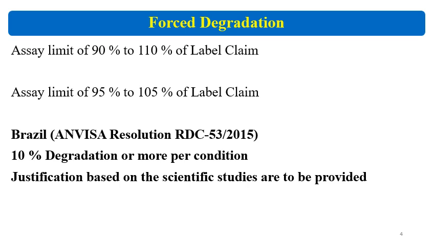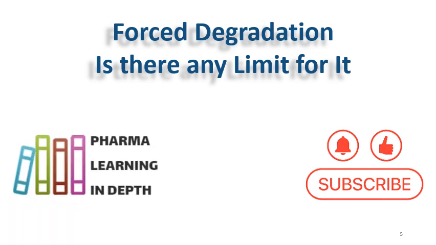So one guideline is there from ANVISA regarding the 10%, but I have not found other guidelines or regulatory specification limits for forced degradation like 5% or 15% or 20%. From this information we can understand that around 10% degradation can be enough, and if you are getting around 10% of the degradation, then you can justify the forced degradation studies.